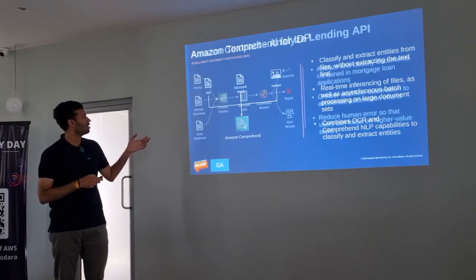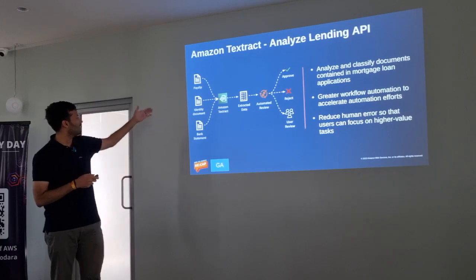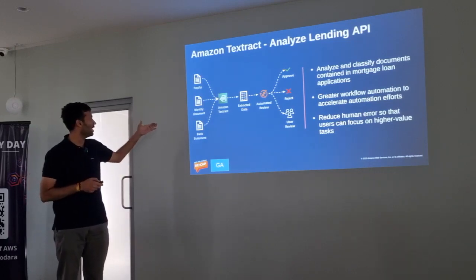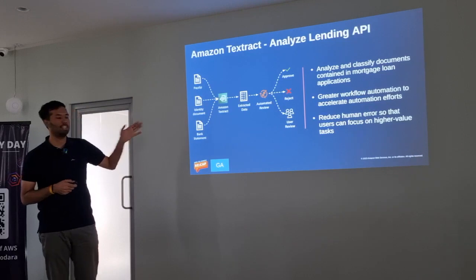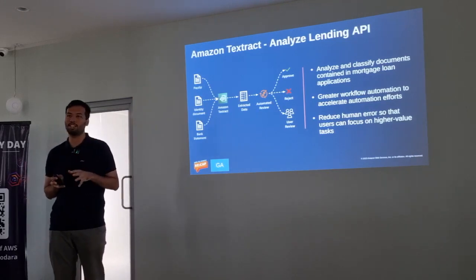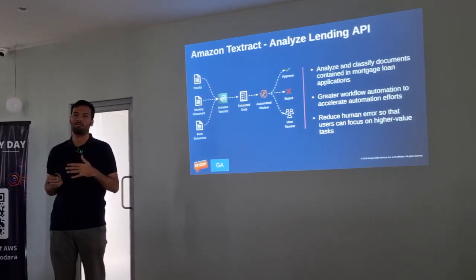They would analyze these three types of documents: payslip, identity proof, and bank statements. These are all US based documents, and they would provide the analyzed report.